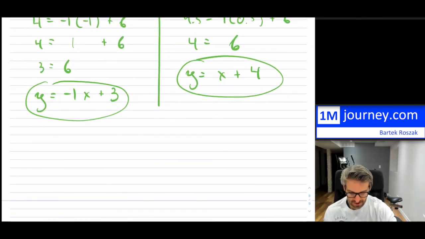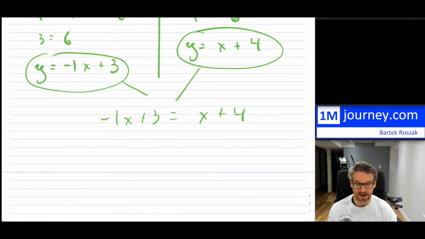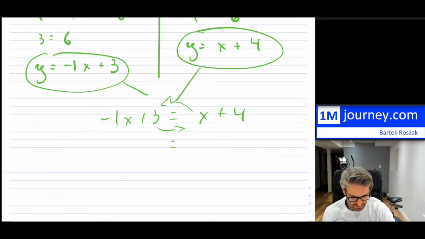Now we can find it by equating these two lines. So notice if I put negative x plus 3 equals x plus 4, it should give us negative 1/2 as we had on the graph. Bringing this over to the other side, that's going to be 1. Negative 1x minus 1x is negative 2, and indeed, this is negative 1/2.